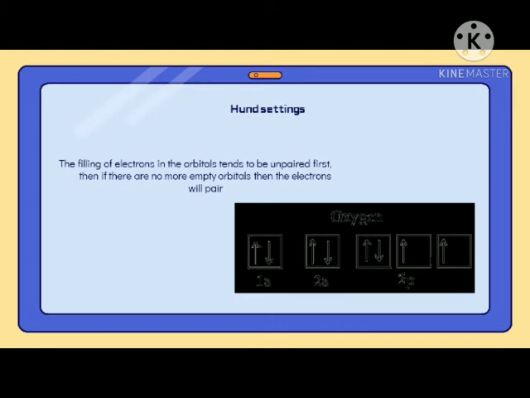This means that 2 electrons inhabit the 1s subshell, 2 electrons inhabit the 2s subshell, and 4 electrons inhabit the 2p subshell. According to Hund's rule, the configuration is as follows.